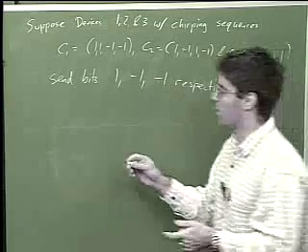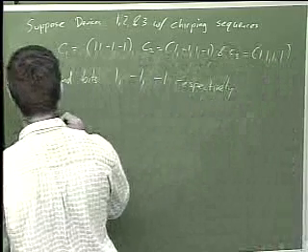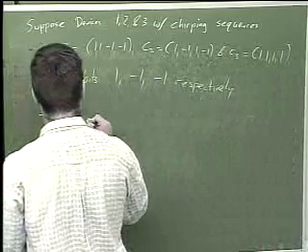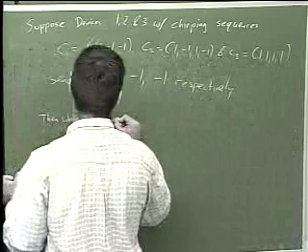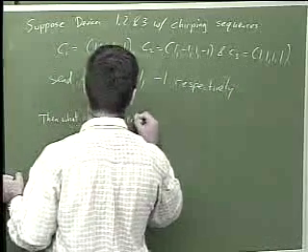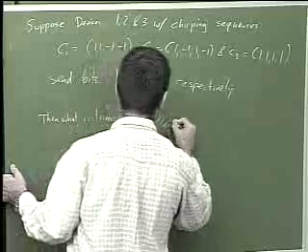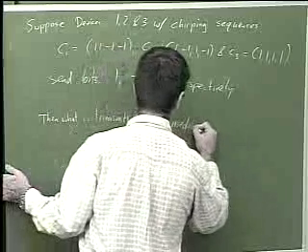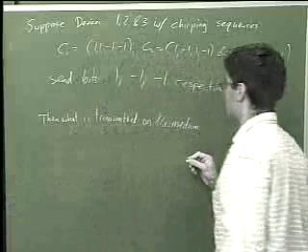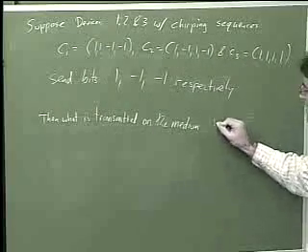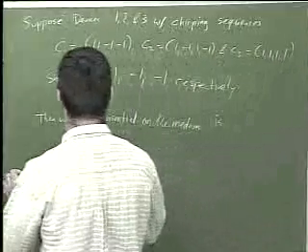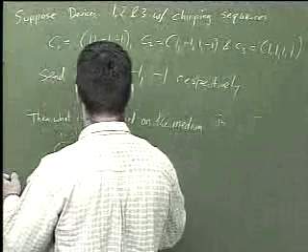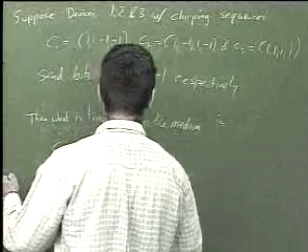Okay? Then what's transmitted on the medium is, right, C1 is going to send 1, 1, minus 1, minus 1.